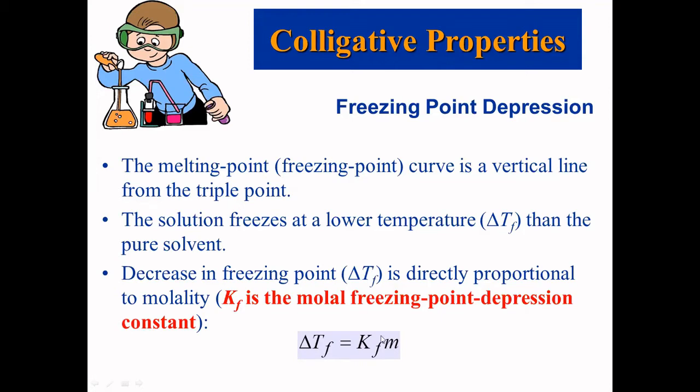So what happens is ang imo nga freezing point ma-decrease. So kung imo nga boiling point nag-increase, ang imo freezing point ma-decrease if there are solids dissolved in your solution. Okay? Now, we move on.